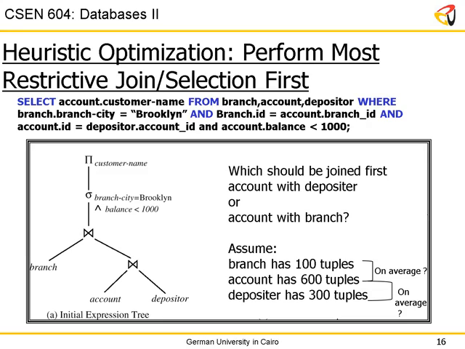I could as well have joined branch with account, and later on, at the level above, joined it with depositor. Now the question is, is there a difference in terms of performance, or in other words, number of rows propagated upward? And the answer is yes. It depends on the number of rows you have in the table. The fewer we propagate upward, the better.